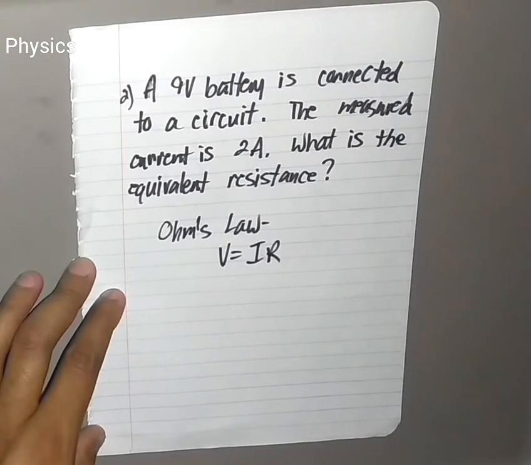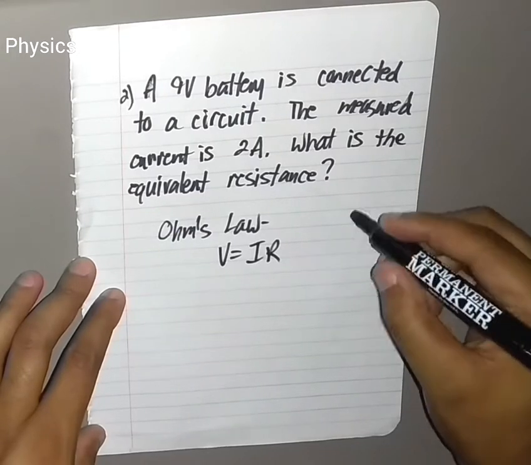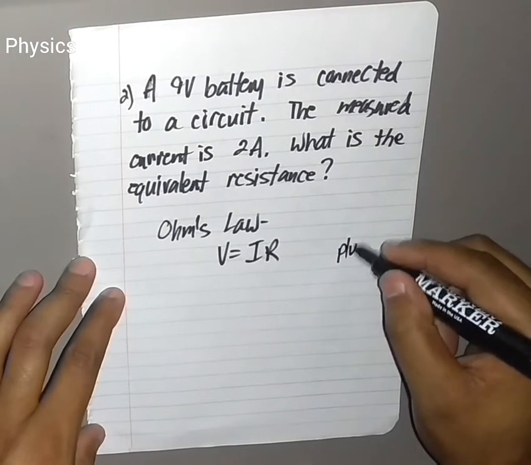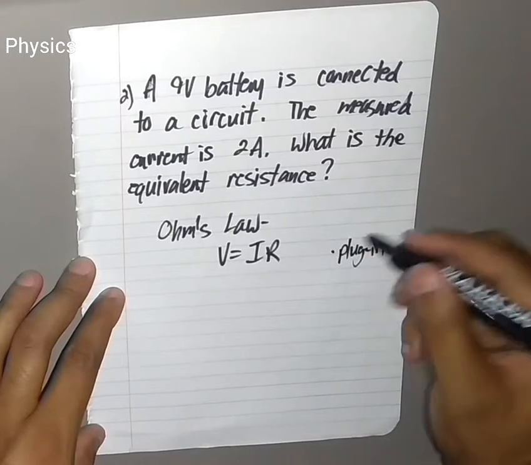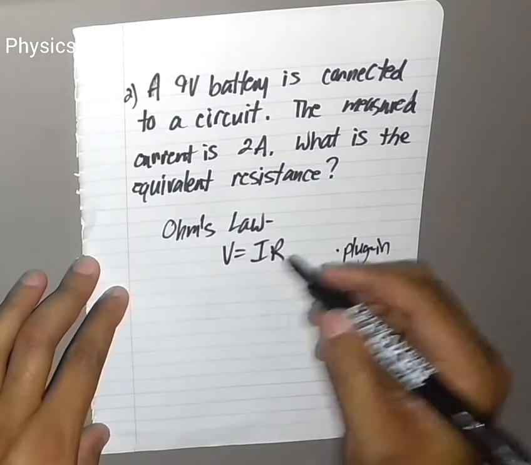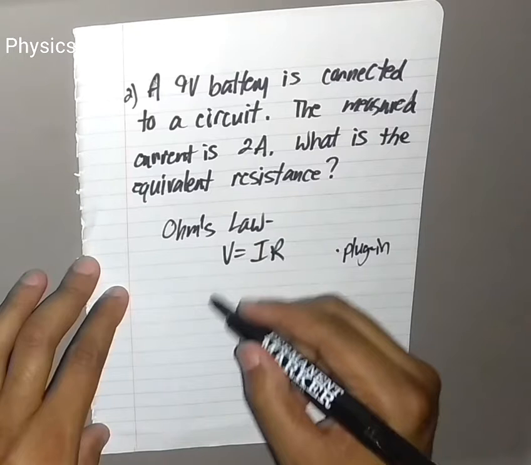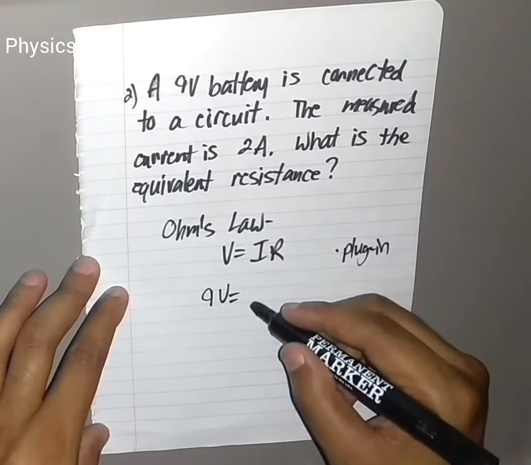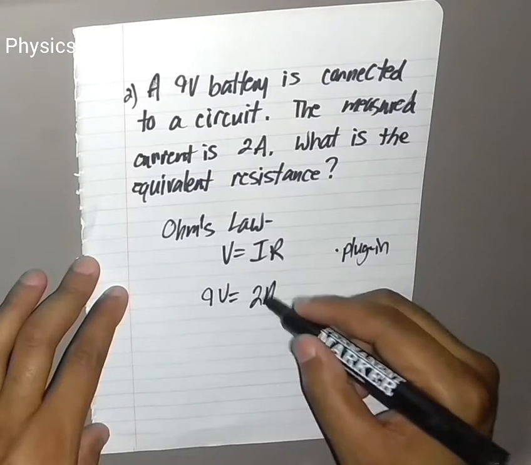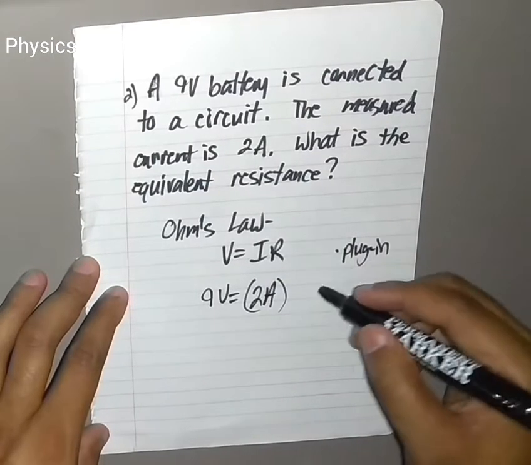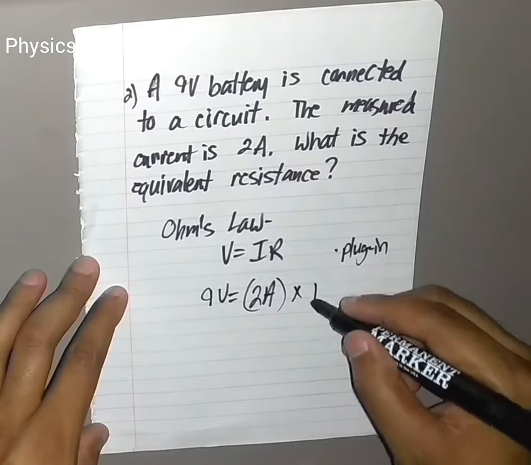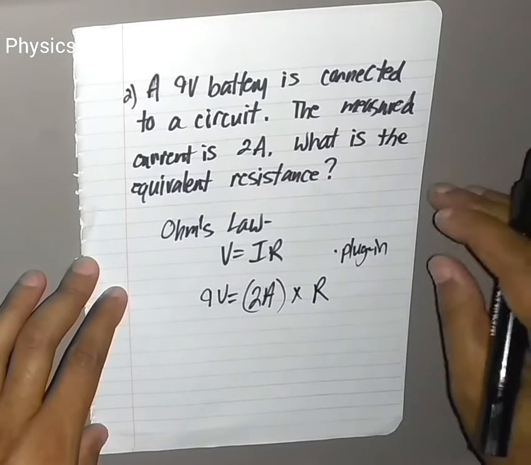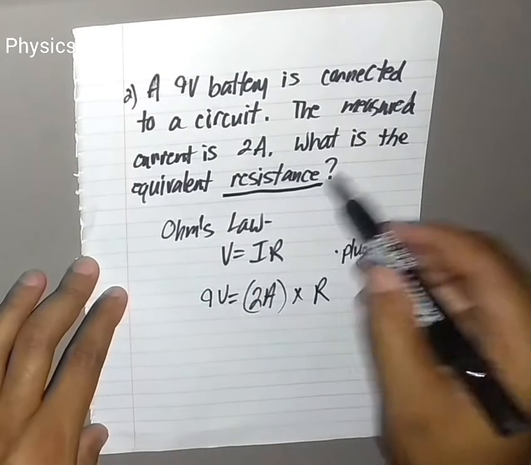This allows us to solve for the resistance, so we just plug in. We get 9 volts equals I, in this case 2 amps, multiplied by R, which we don't have yet, which is our resistance. This is what we're trying to calculate.